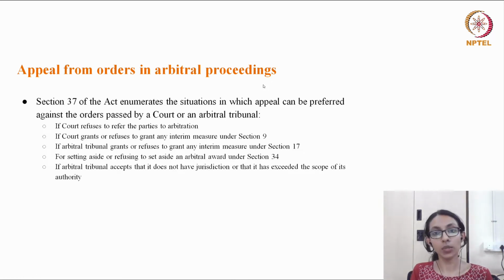Lastly, if an arbitral tribunal accepts that it does not have jurisdiction or that it exceeded the scope of its jurisdiction that was conferred on it by virtue of the arbitration agreement, an appeal can be preferred against this order before the ordinary court.